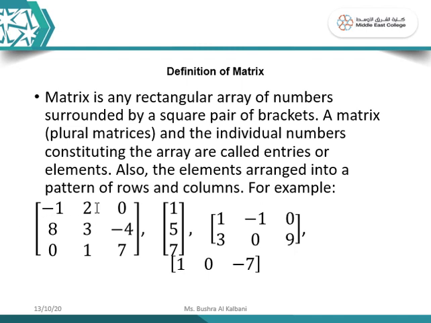For example, here -1, 2, 0 is called a row, and -1, 8, 0 is called a column. This one is a column matrix and this one is a row matrix. The horizontal line is a row, and the vertical line is a column.